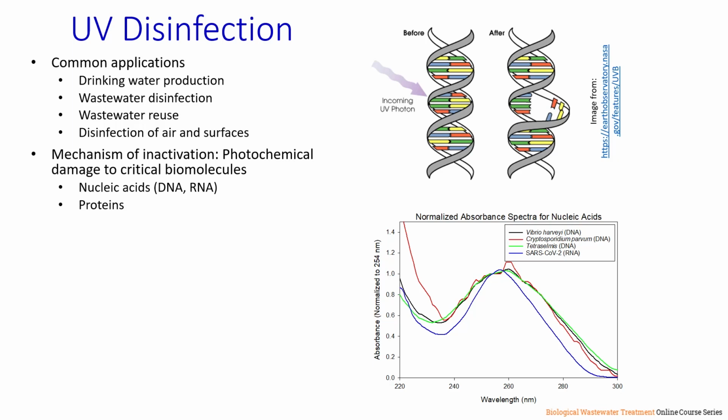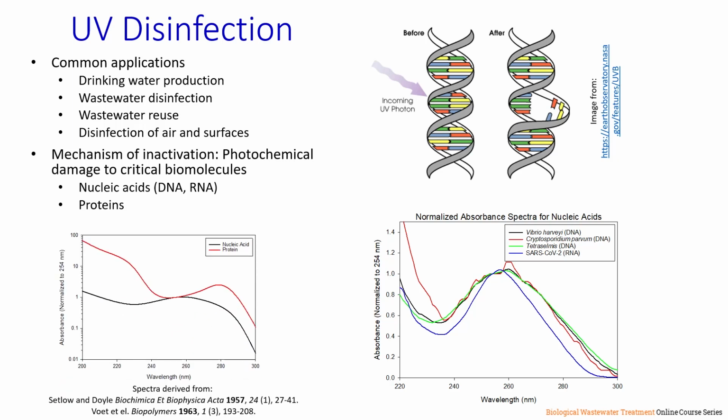You'll notice that there are small differences among these spectra, but basically they all show a peak in absorbance in the vicinity of 260 to 265 nanometers, and then shouldering on either side of that peak. At wavelengths below about 230 nanometers, you start to see strong absorbance taking place again.